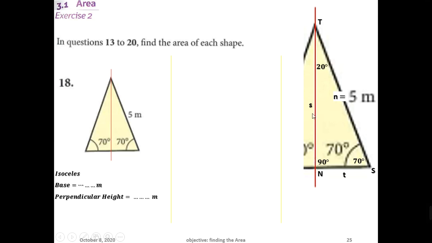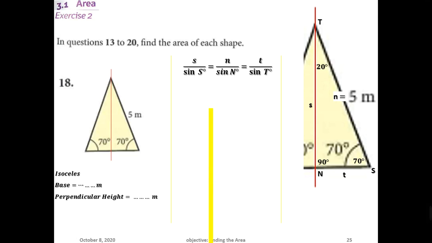And I carry on with side S, which is unknown, over the opposite angle to side S, which is 70, so S over sine of 70. At last, side N small, which is equal to 5, over sine of angle N capital, which is equal to 90. So that's how we write the rule.